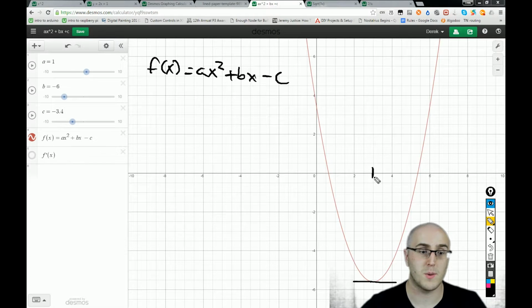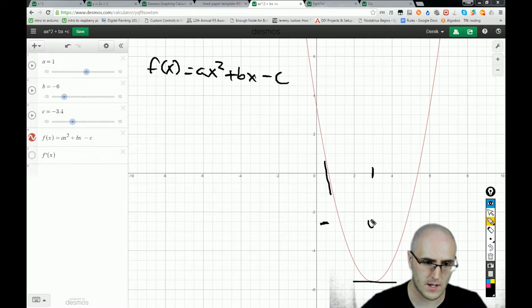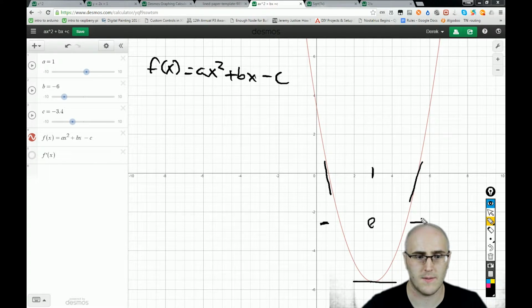Or, sorry, the derivative should have a value of 0, because the slope of the line is 0. Likewise, it's symmetric. It's a paraboloid, so we're going to have some negative value here. So we're going to have negative values, 0, and symmetric positive values on this side. And we're going to flip over 3.